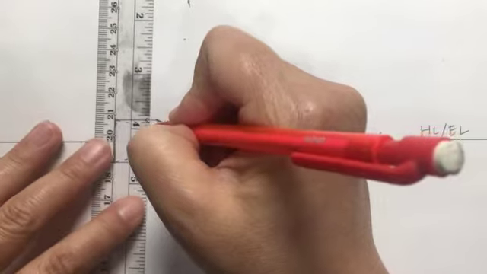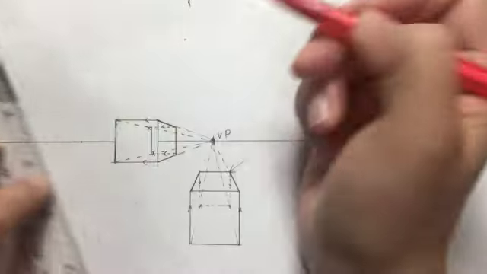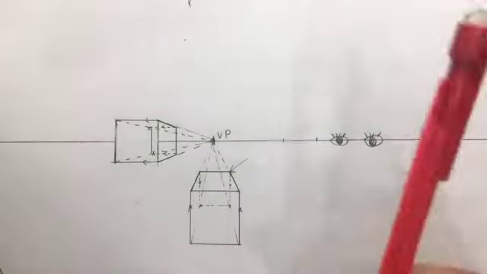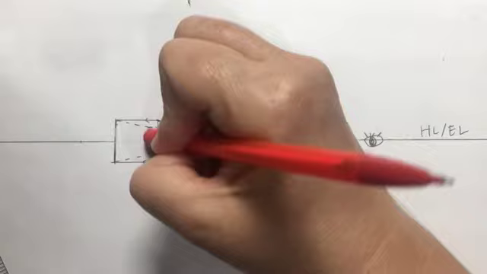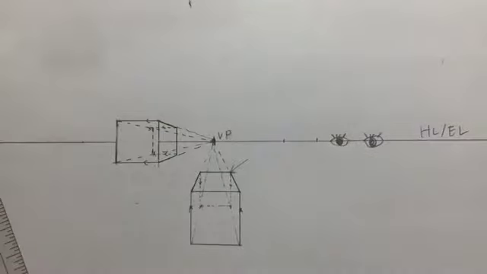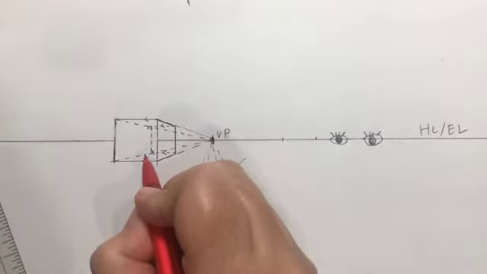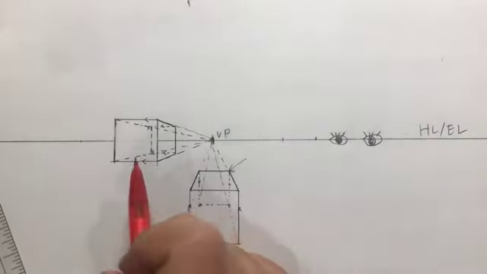So these two intersect, and there you go. Oh, sorry, this is supposed to be a dotted line. Like so. Okay, so this is your cube at the eye level.